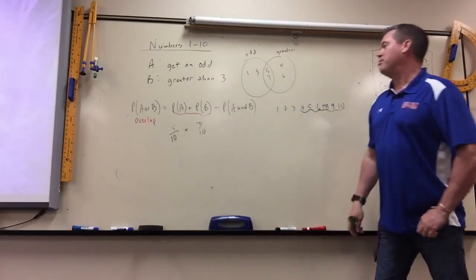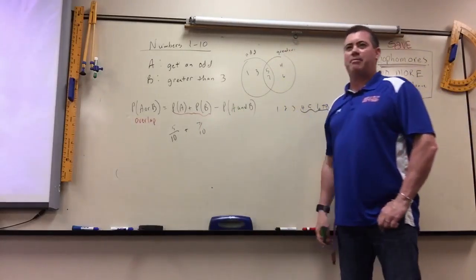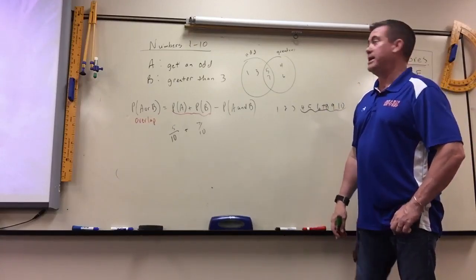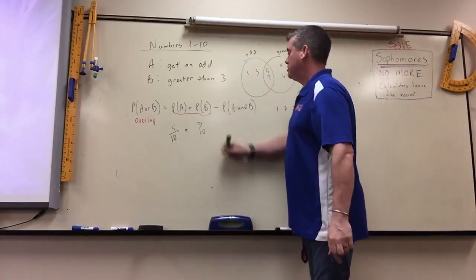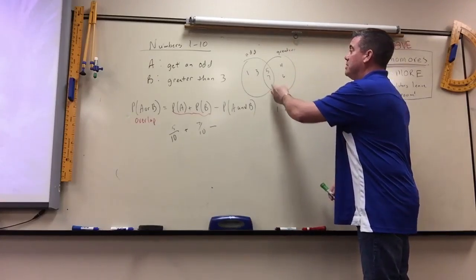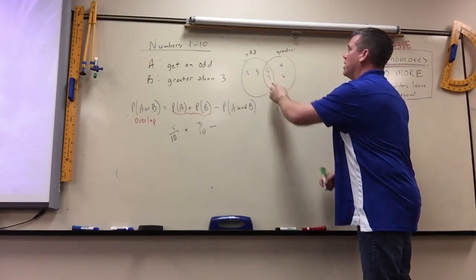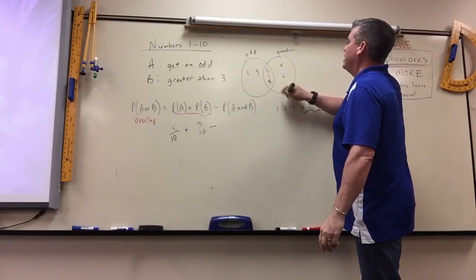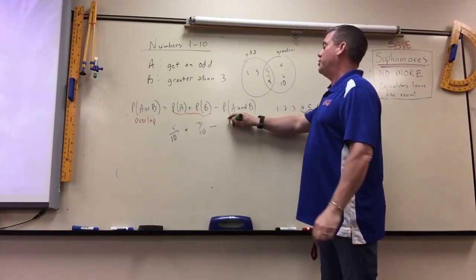So then what's the probability of A and B? That means what is the probability that it works in both of them? So if we go up to 10, 5 overlaps, 7 overlaps, 9 overlaps, right? So there's 3 tenths.